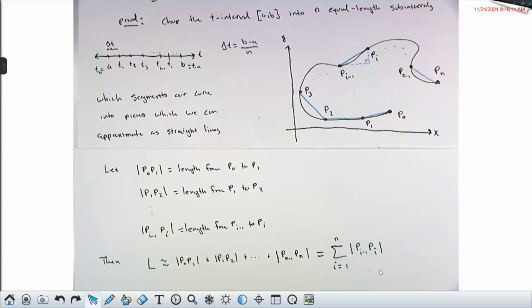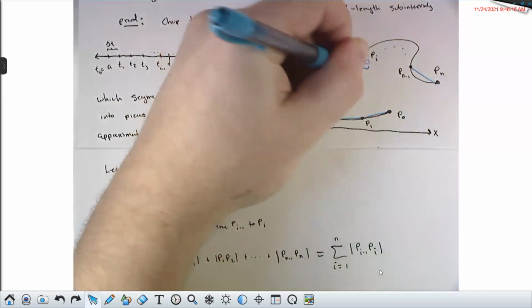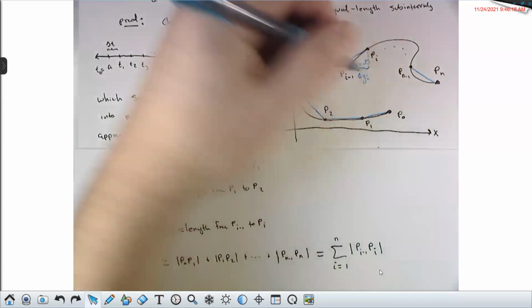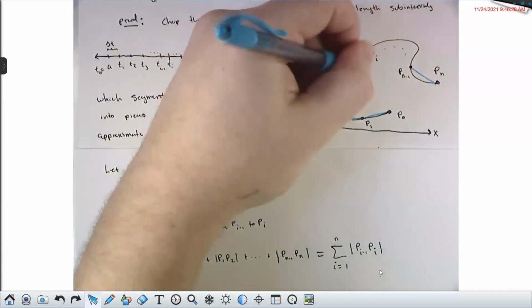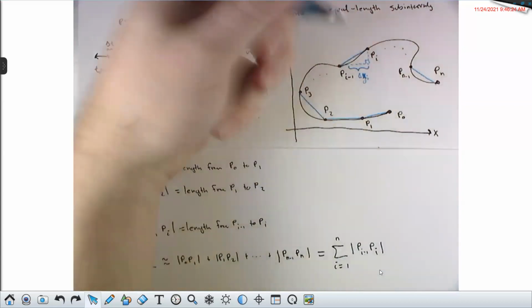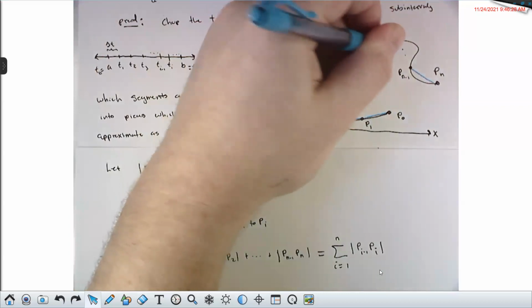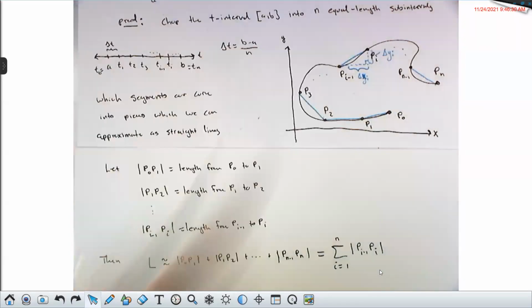Let me call this distance here delta xi, and call this distance here delta yi. It's the little change in x from i minus 1 to i, that's this, and the little change in y from i minus 1 to i.